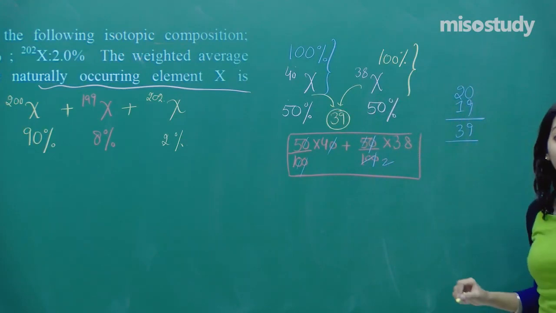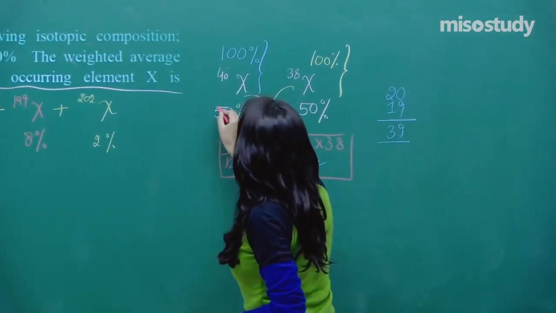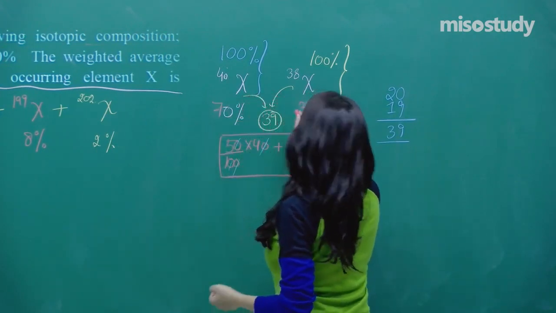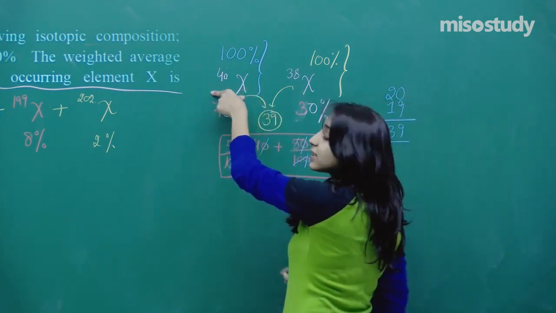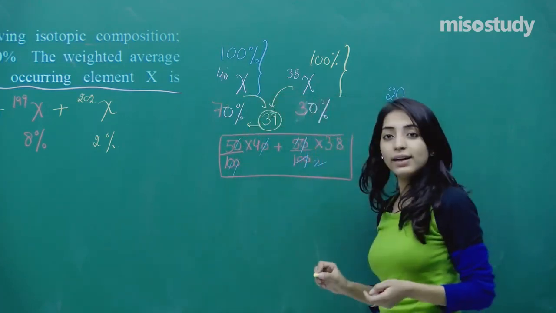Right? However, if I say now the percentage is not 50 but 70 and this is not 50 but 30, don't you think more number of atoms will be of X40? So don't you think now the value will be shifted to this side?